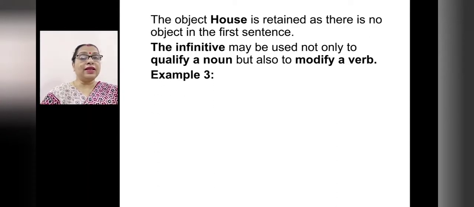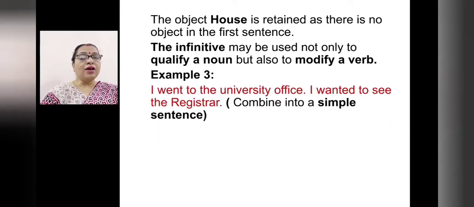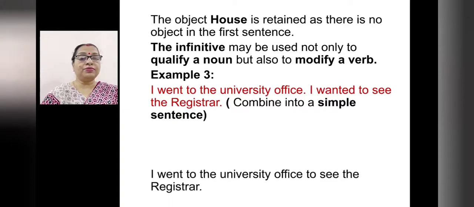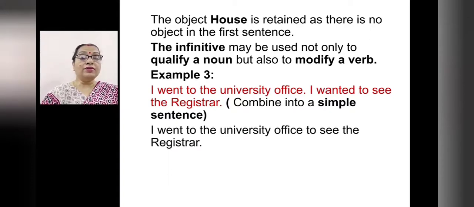Now the next example. I went to the university office. I wanted to see the registrar. Combine into a simple sentence. The answer will be, I went to the university office to see the registrar.